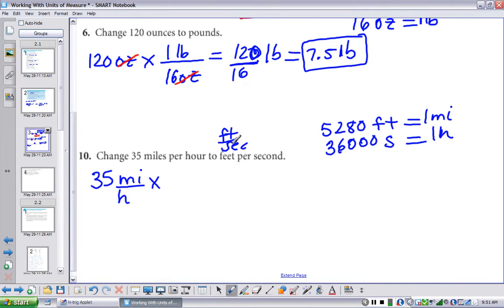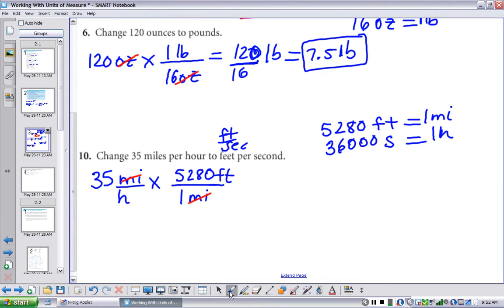So we want feet in the numerator, so miles needs to go in the denominator. So I can do 5,280 feet over 1 mile, and my miles cancel out there.